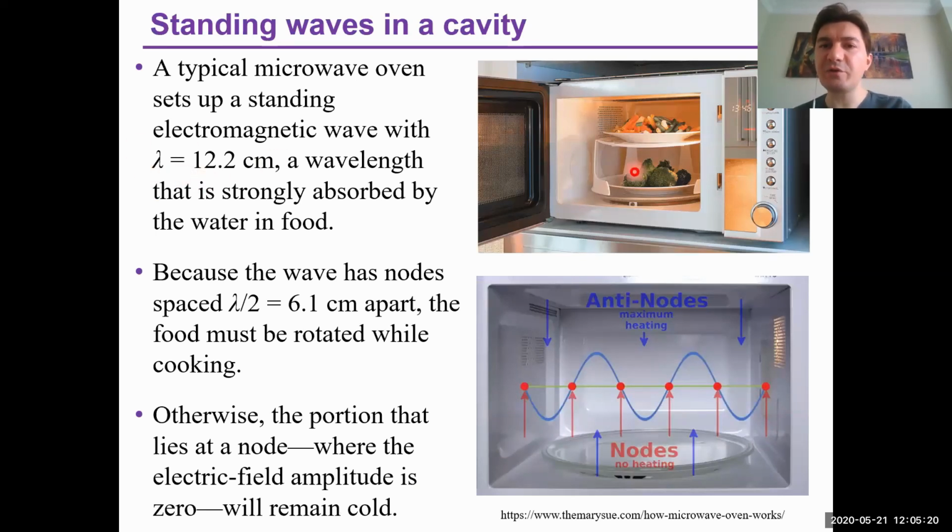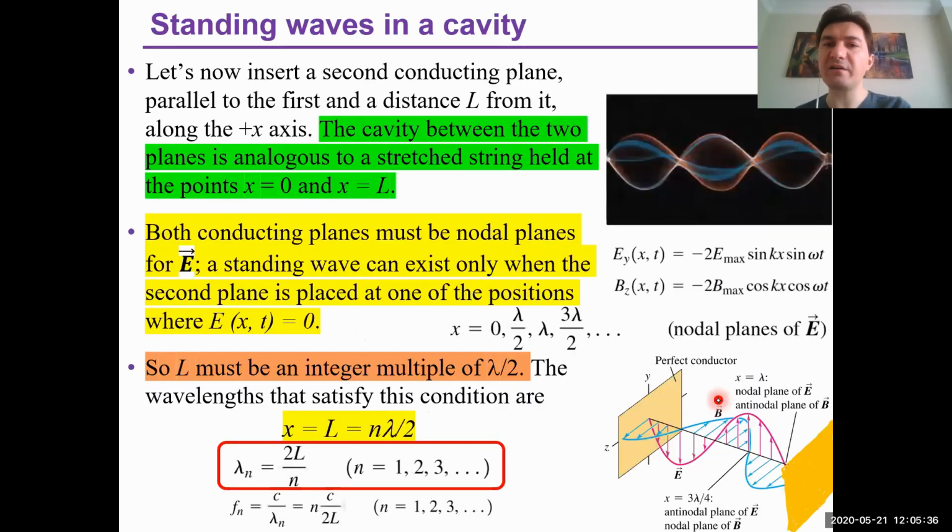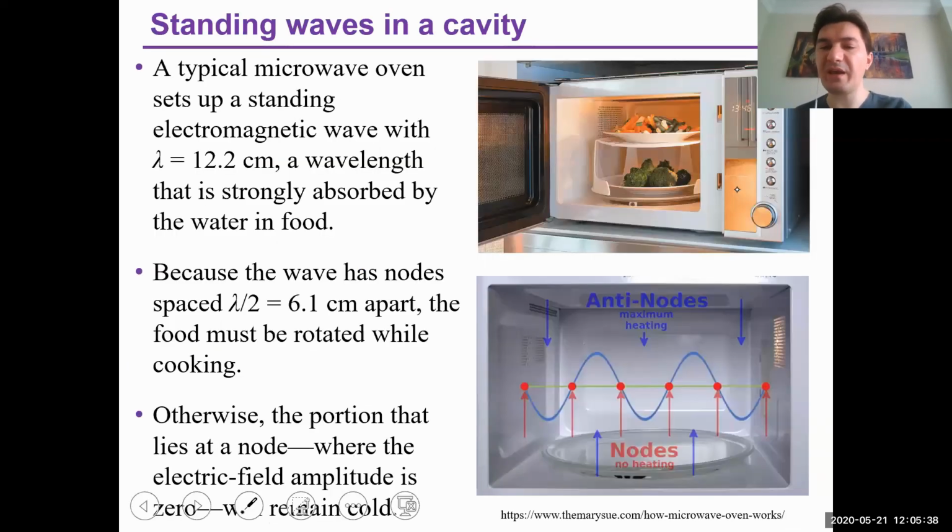And you put food here within the microwave oven. There is a microwave generator. You produce electromagnetic waves here, and they are reflected from that surface, reflected from that surface. Finally, we have that type of behavior.